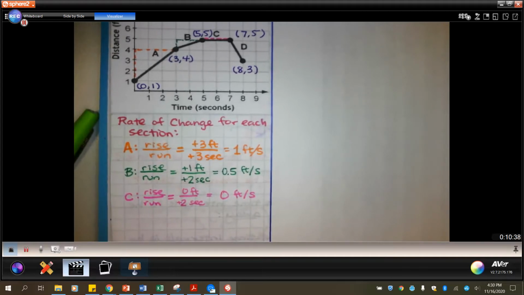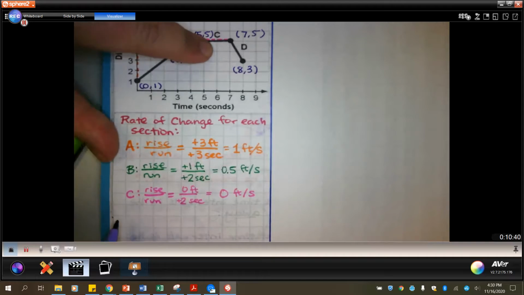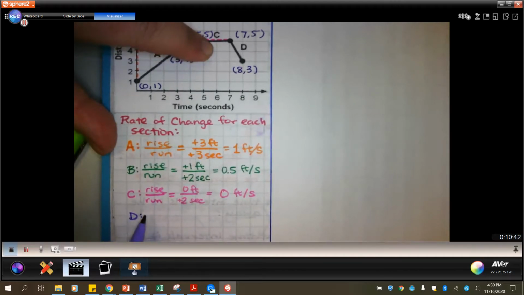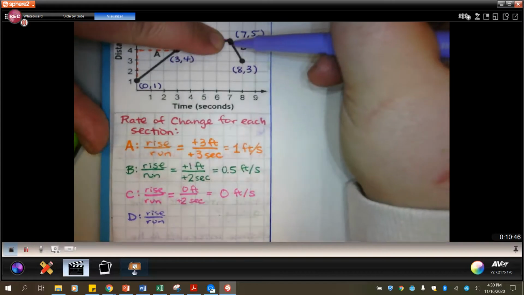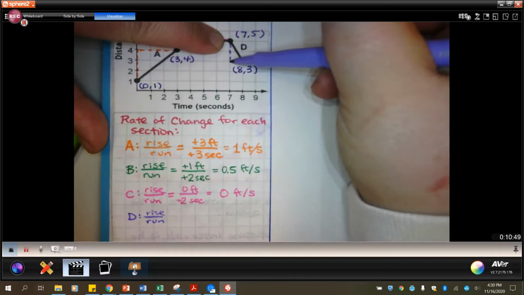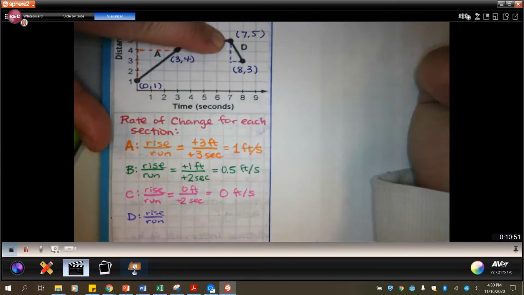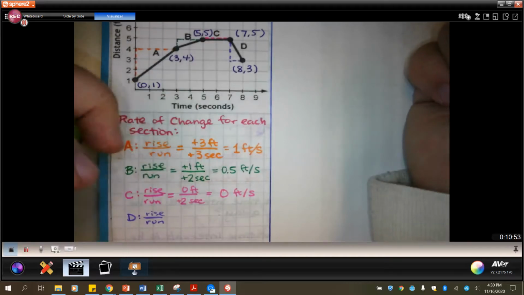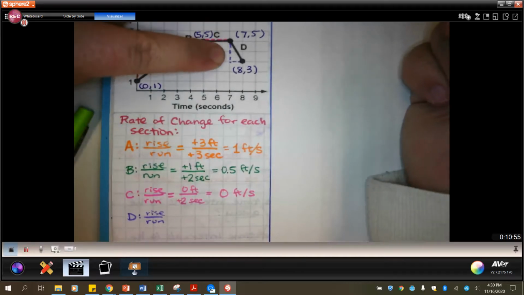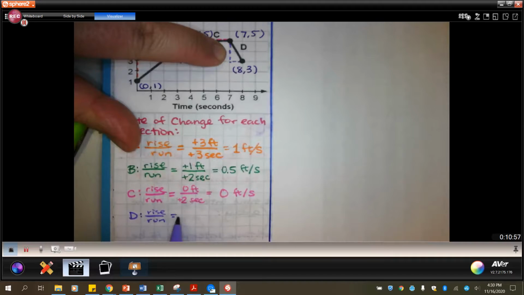And now the last one is section D. Rise over run. Now this is the first time we're actually going to be going down and then over. So since the rise, quote unquote, is down 2, we're actually going to write -2 feet.